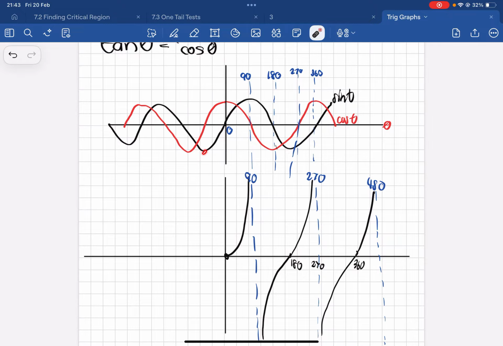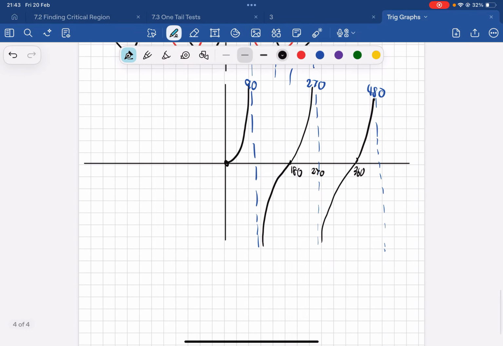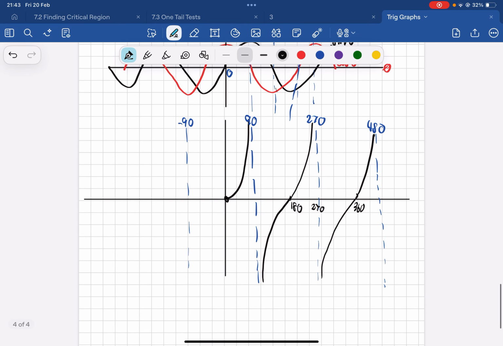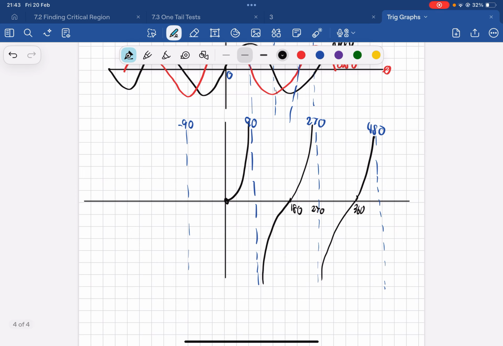Well, minus 1 over 0, which gives us an asymptote at minus 90. And before the asymptote, we have a number that's essentially negative 1 over a number that's really close to 0. So that's again negatively infinitely large. So again, just the same pattern, and we can repeat this same pattern at minus 270, so on and so forth.